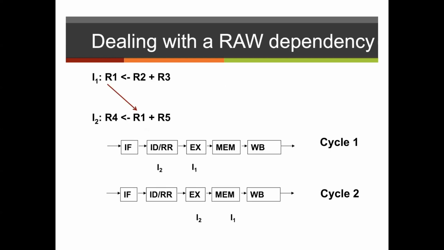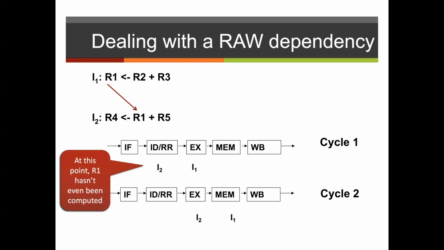So let's take a look at our read after write data dependency. In this case, we have a value being written into R1, and then R1 needs to be read by instruction 2. So at this point, R1 hasn't even been computed, but instruction 2 needs it.